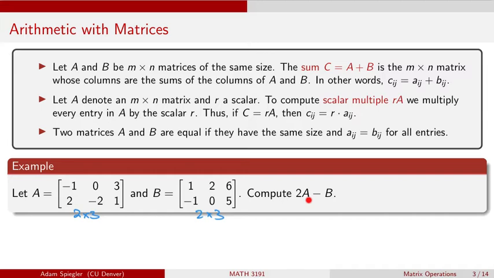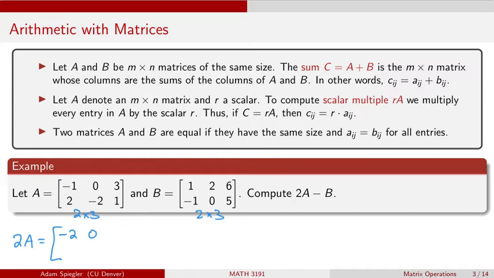2 times matrix A minus matrix B. We can first calculate the product 2A, which is just the result when I multiply every entry in A by 2. So that's going to give me minus 2 times 2. And then the next entry, I'm going to take this 2 times this 0, and that gives me 0.